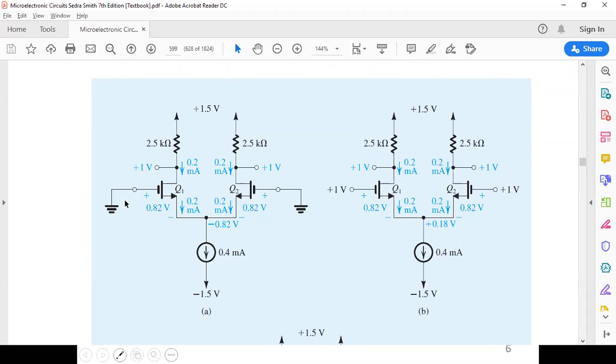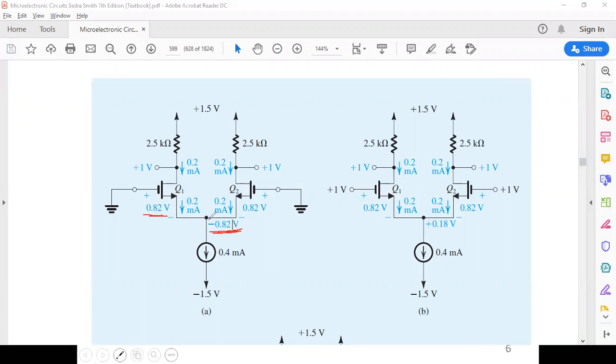So if this is 0, remember that VGS is this one here. VGS, as we calculated just a few minutes ago, is 0.82. Then how much is VS?